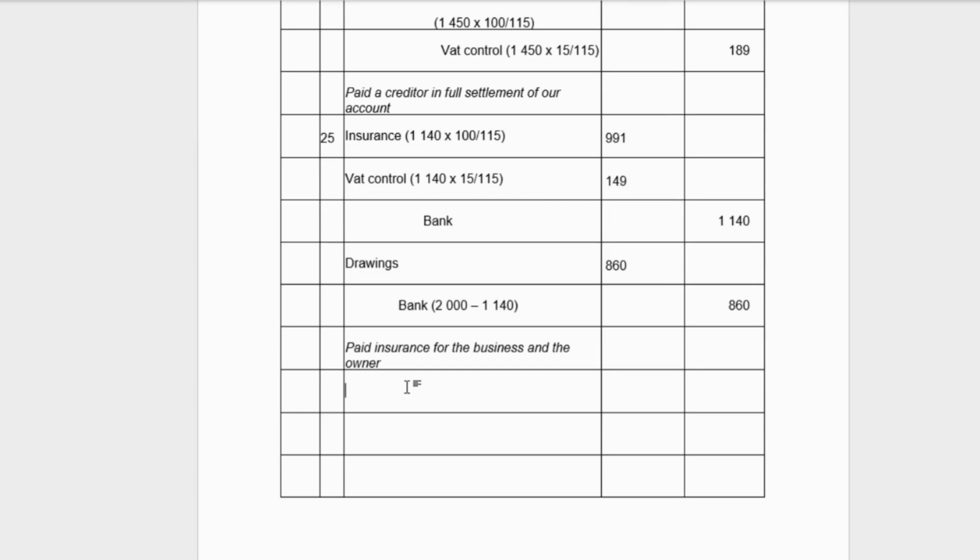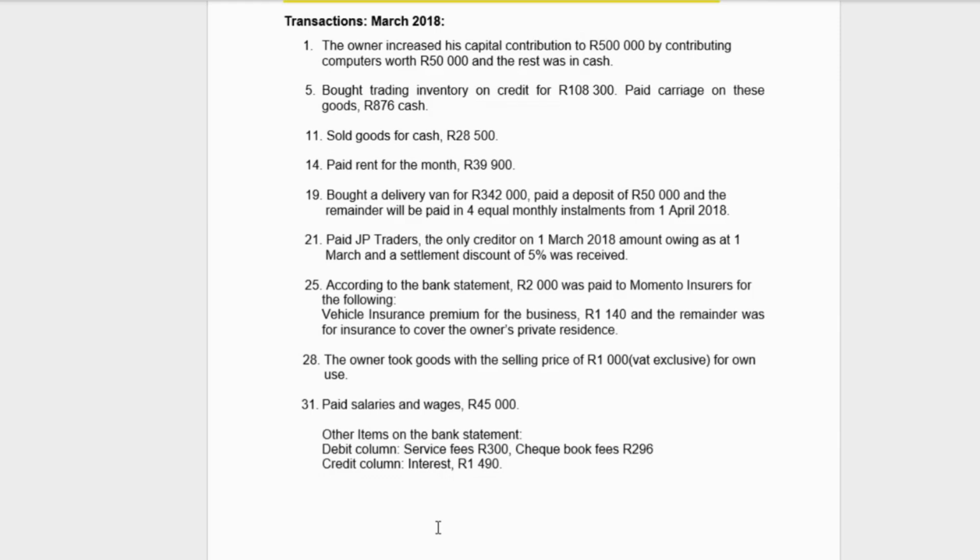So the next transaction, let's see. It says the owner took goods with the selling price of 1,000, VAT exclusive, for own use.